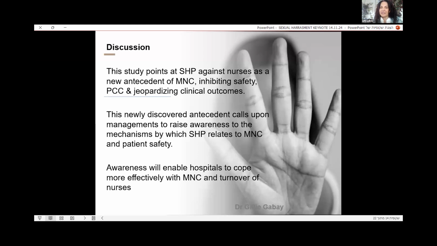This newly discovered antecedent calls upon management to raise awareness to the mechanisms by which sexual harassment relates to missed nursing care and patient safety. If we raise awareness, if you help me raise awareness, it will enable hospitals to cope more effectively with missed nursing care and with turnover of nurses.